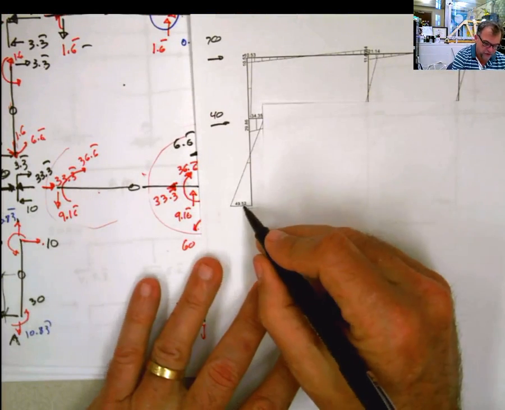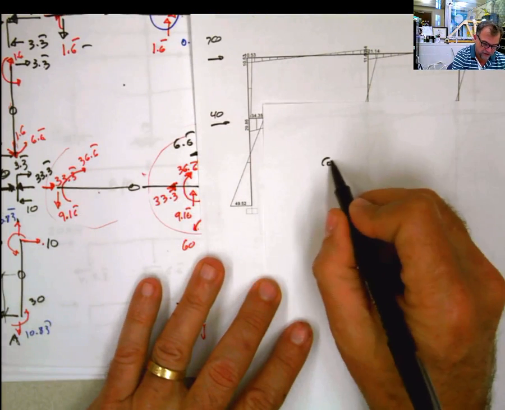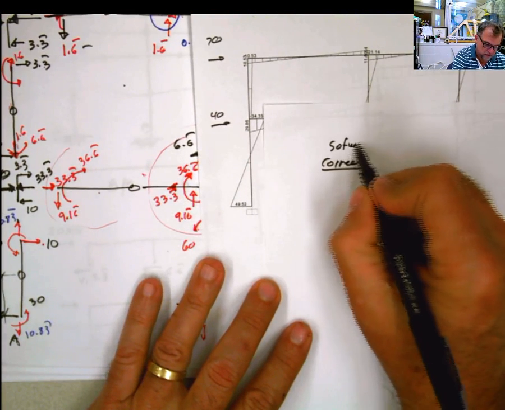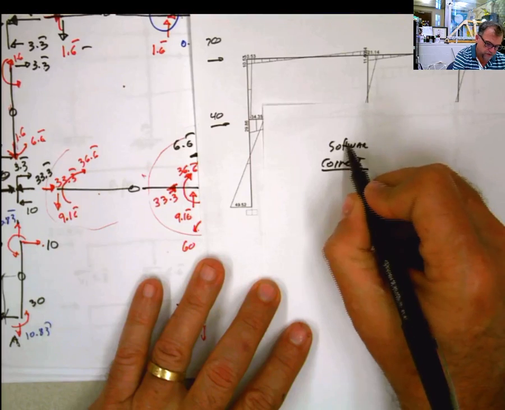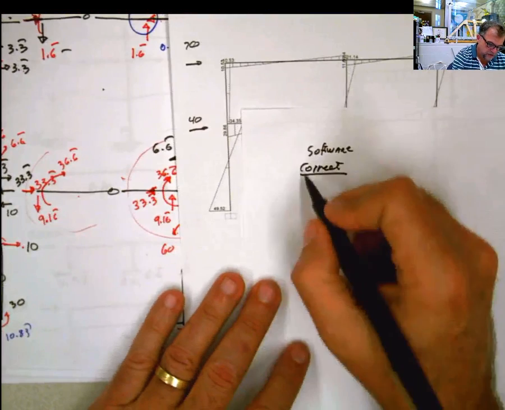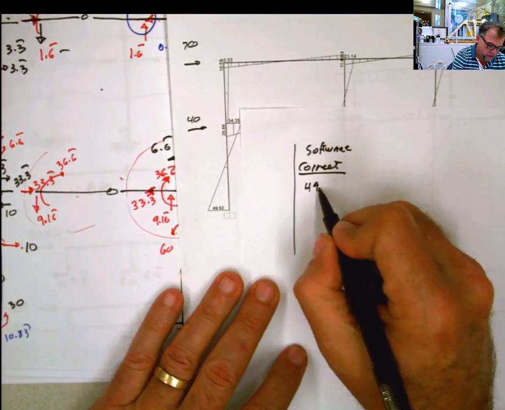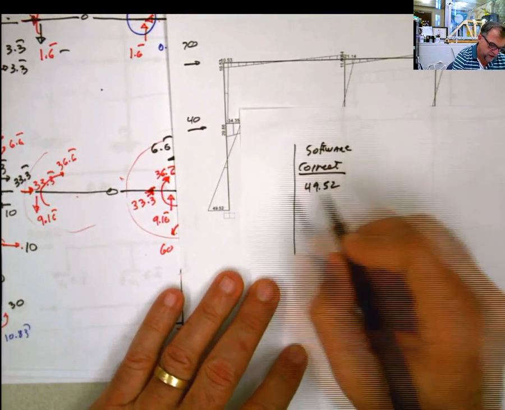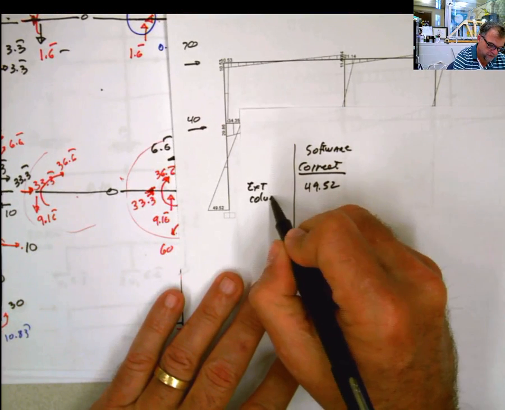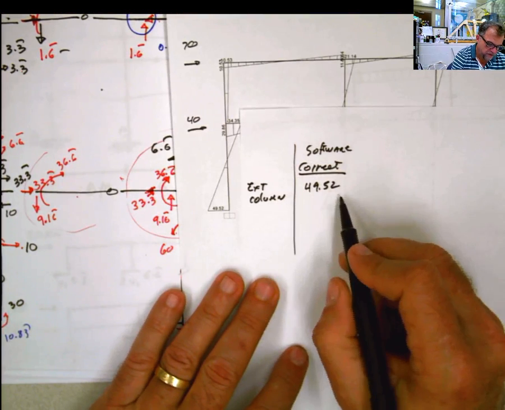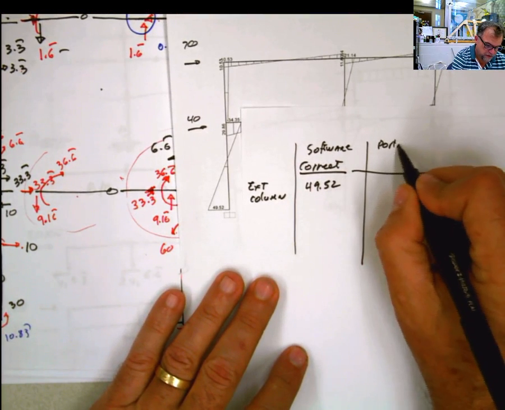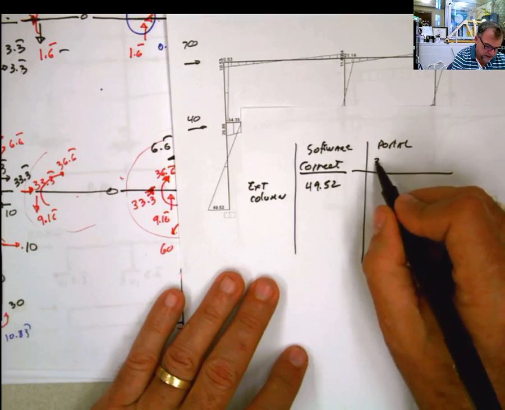The actual value, the correct value, or software value, for that column is 49.52. This is an exterior column, 49.52, and the portal method that we got is 30.